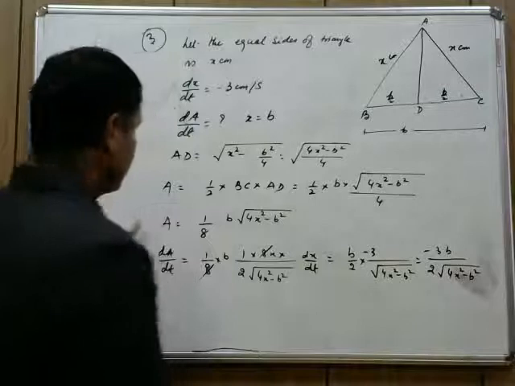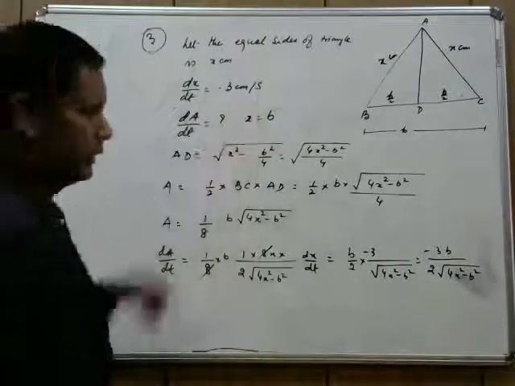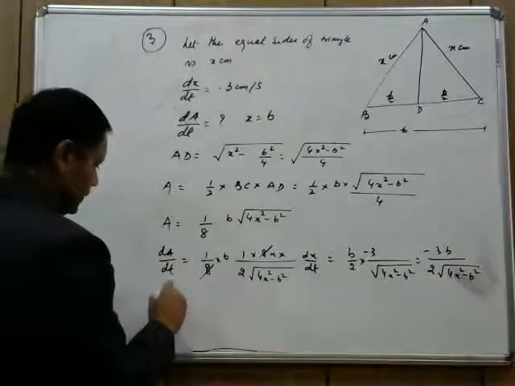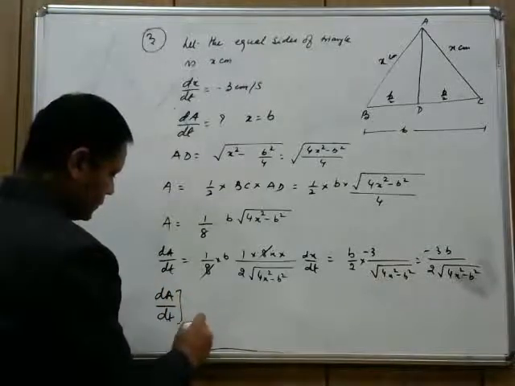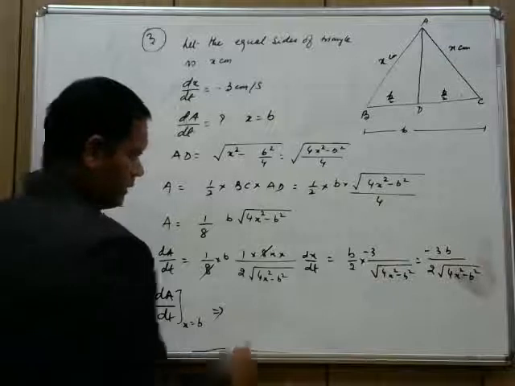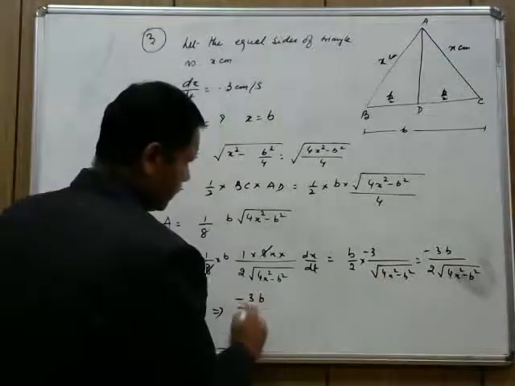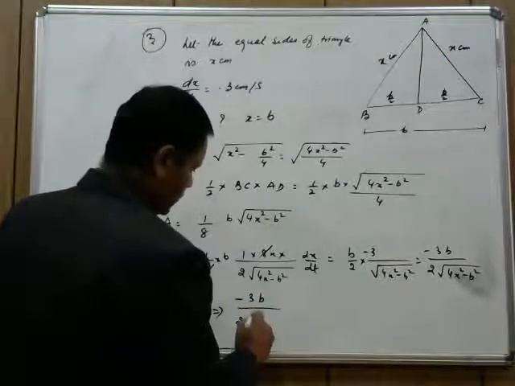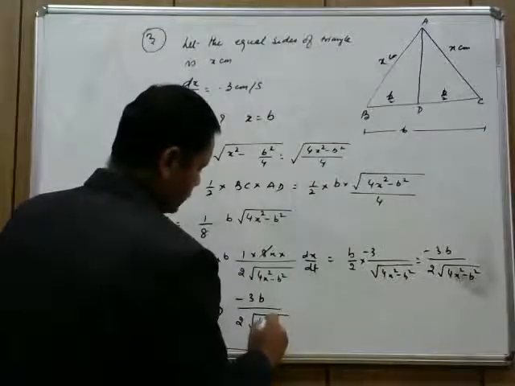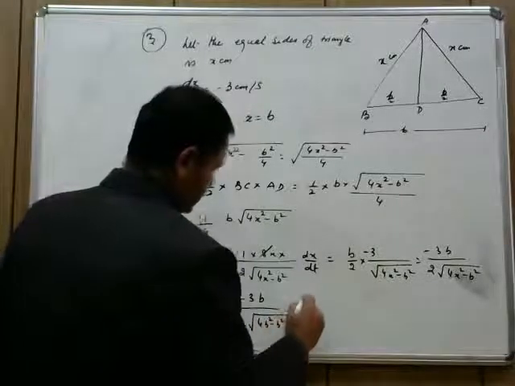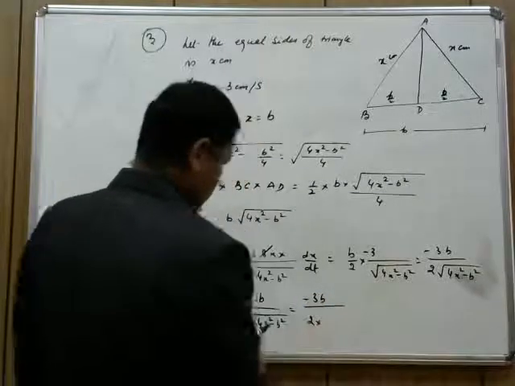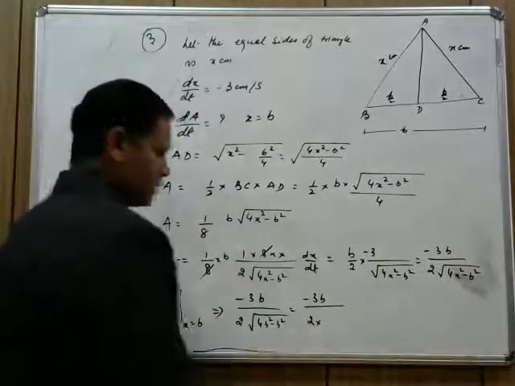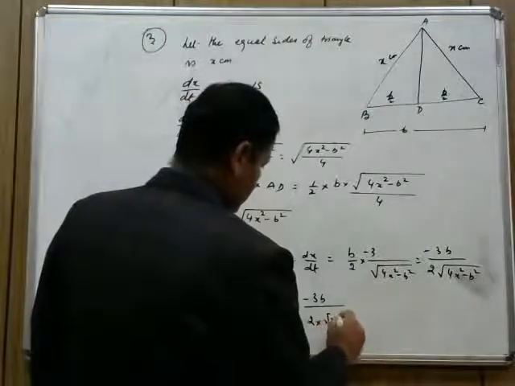But I have to find out dA by dt when x is equal to b. Therefore now, can I write dA by dt when x is equal to b is given by minus 3b upon 2 under root 4b square minus b square, that is minus 3b upon 2 into under root 3b square, that's why under root 3 into b.